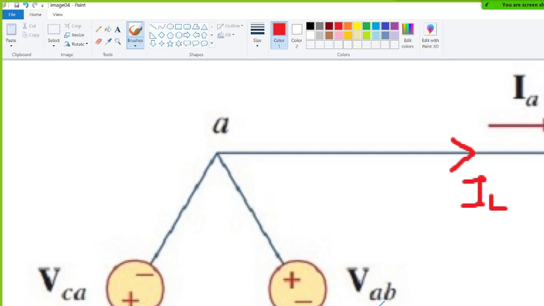Will it be right to say this? Is it correct to say IL equal to I phase for delta connection? For star connection, we had seen yesterday that this is true. Can we say the same about delta connection? The same conclusion? What do you think?